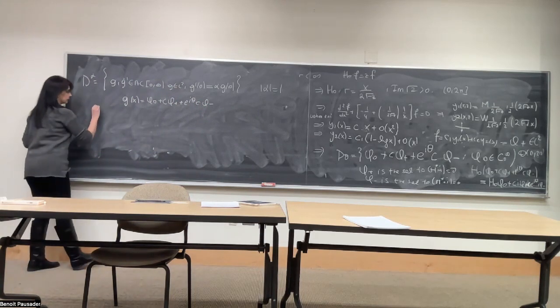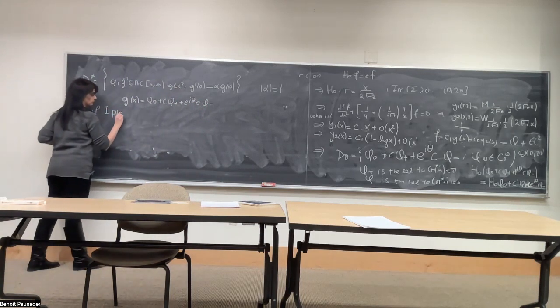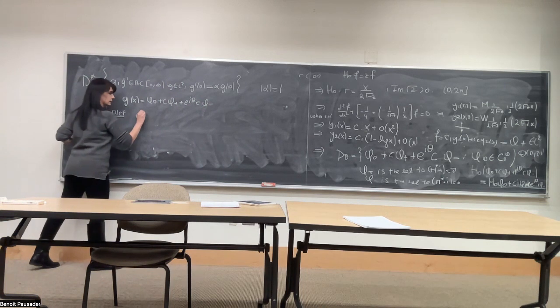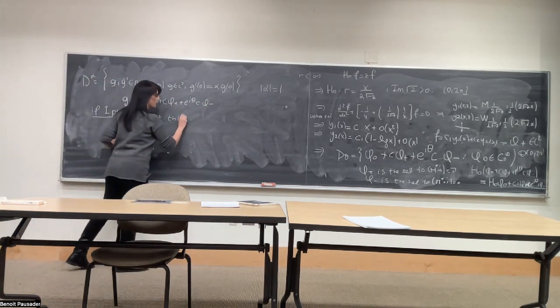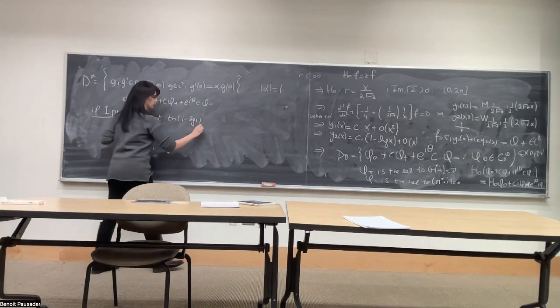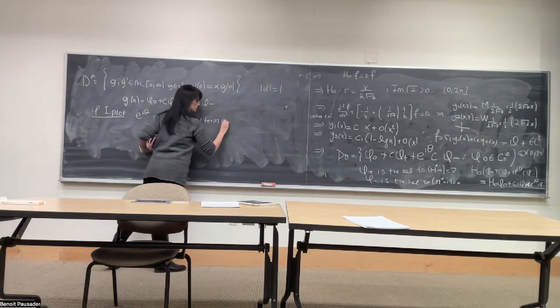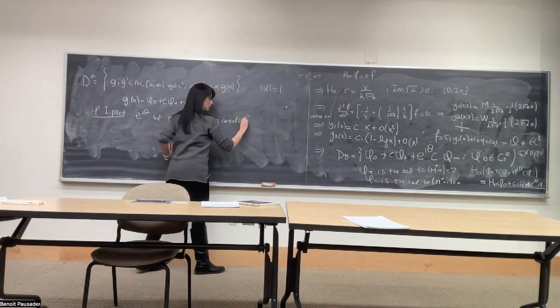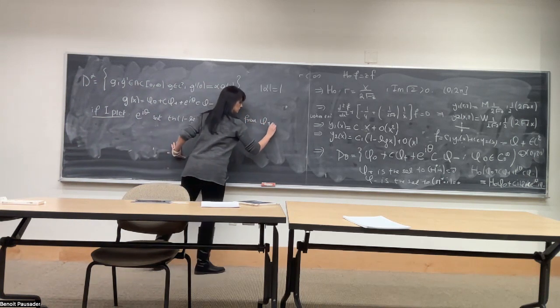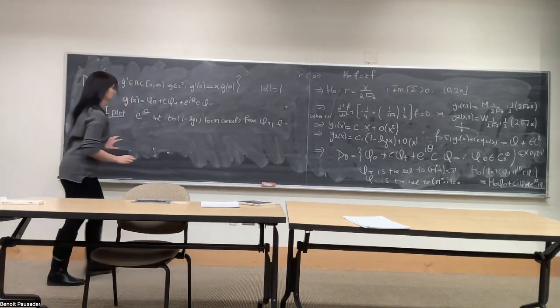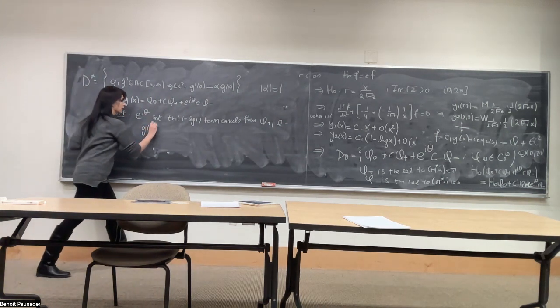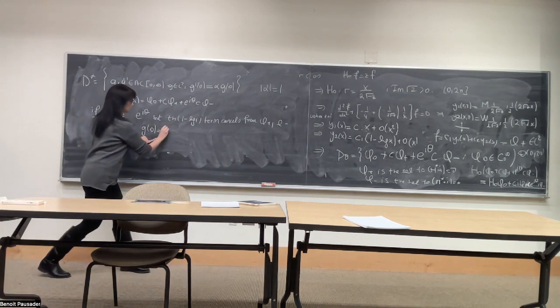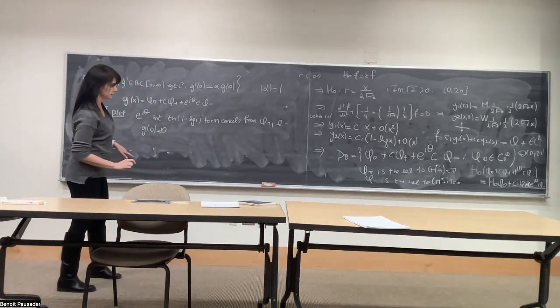Now, if I pick my e to the I theta such that the 1 minus log R term cancels from the plus and minus part, then in fact my G is going to satisfy G of 0 is 0, right?